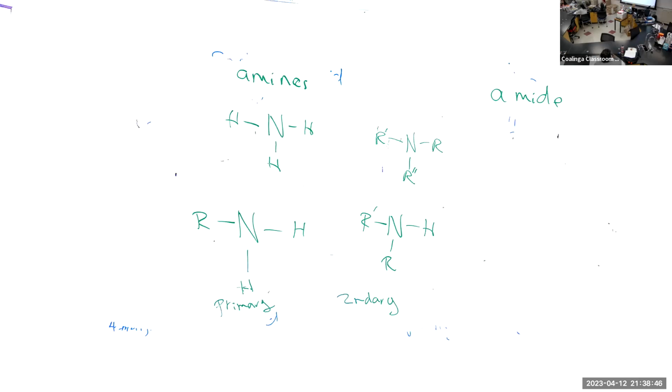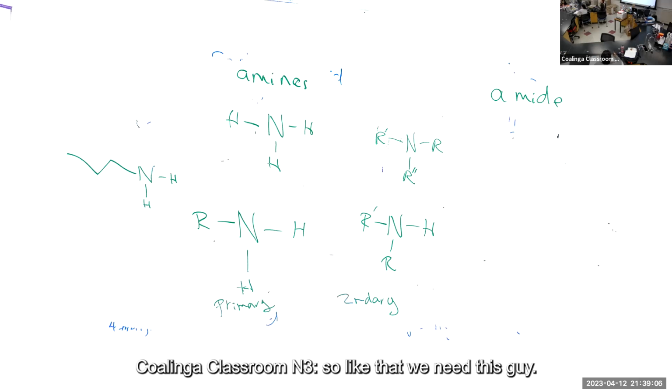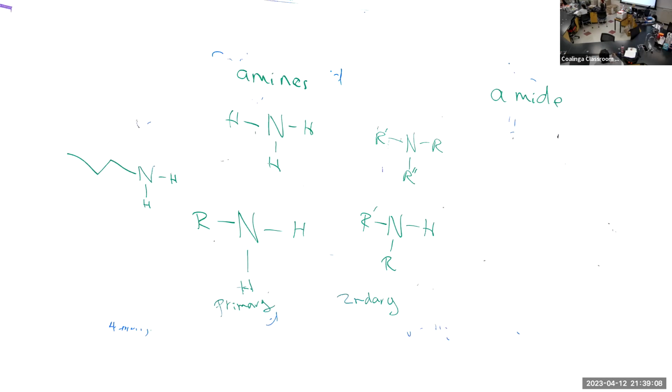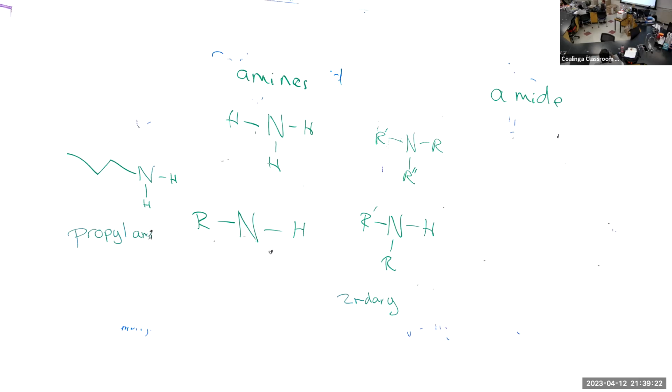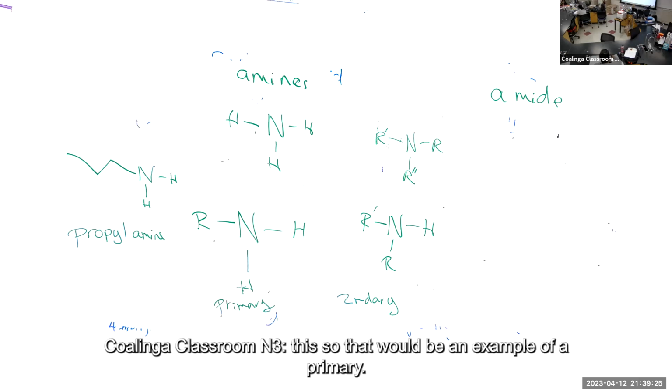So if I have this, the way that we would name this is longest chain, 1, 2, 3, so we call this one propyl.